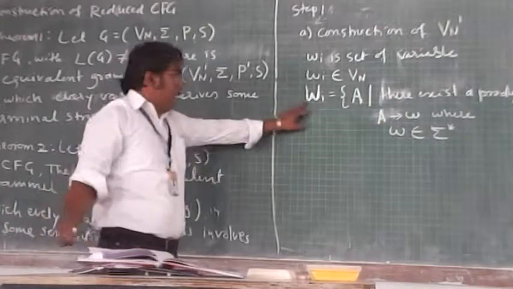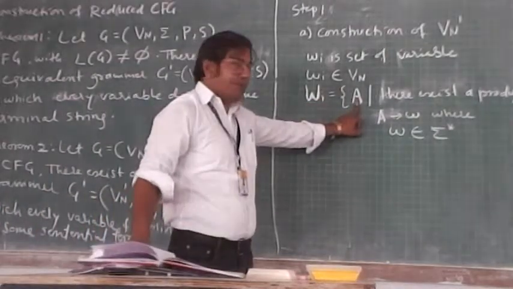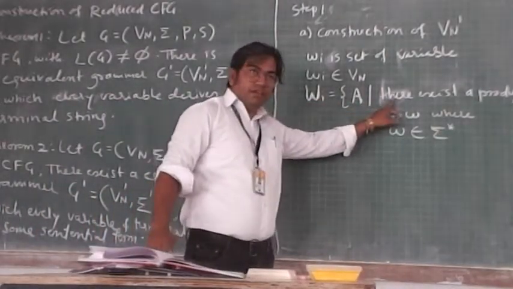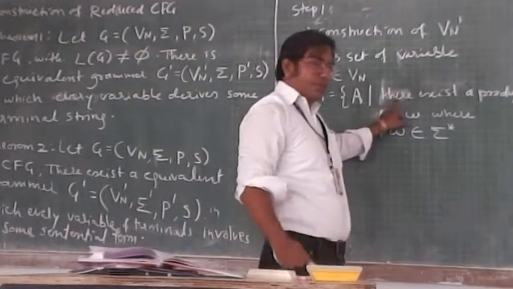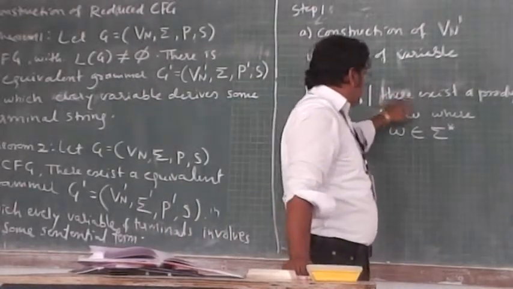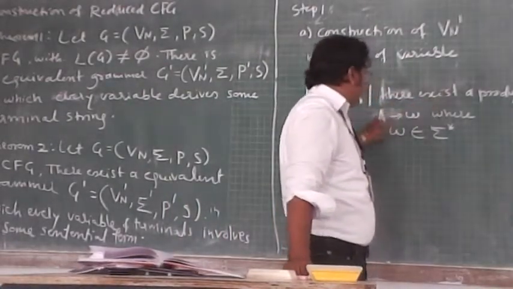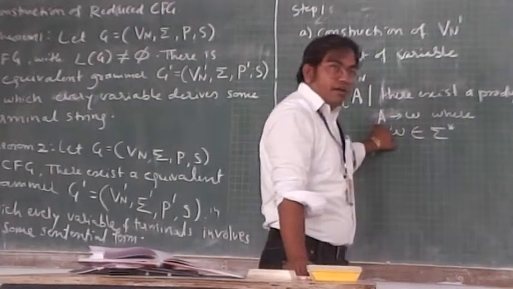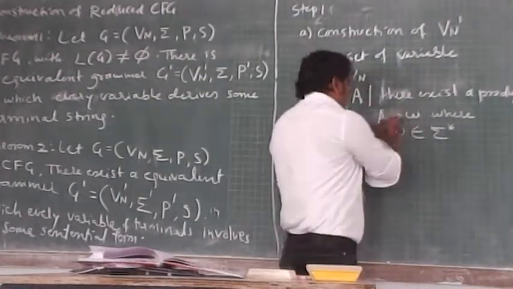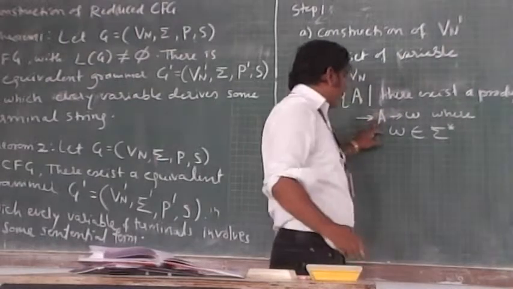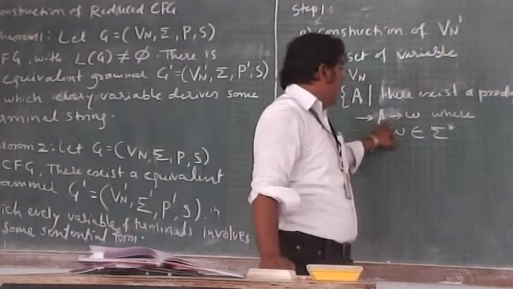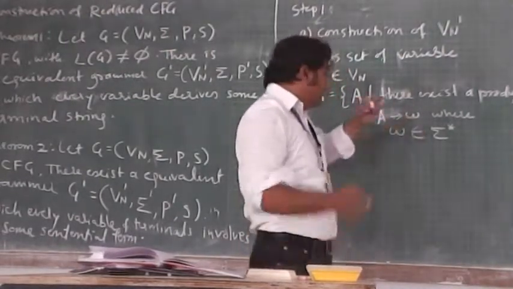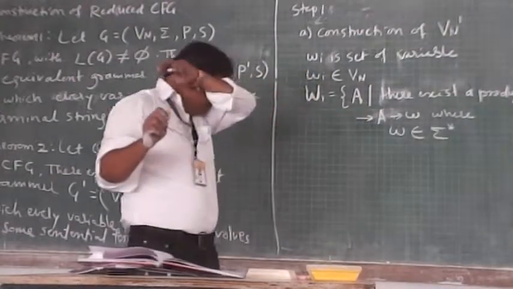In this first step, I am collecting a set of variables, such variables which are in productions of the kind A implies W, meaning A implies a terminal string.